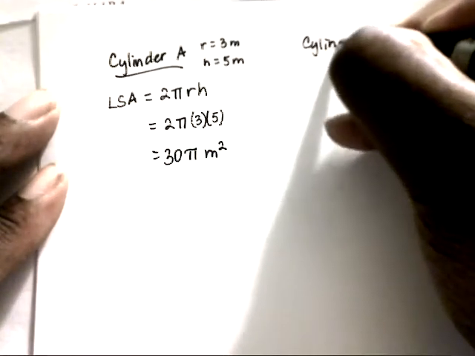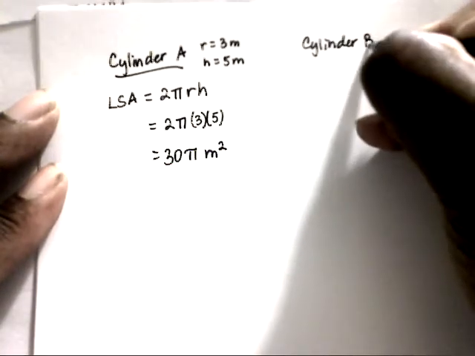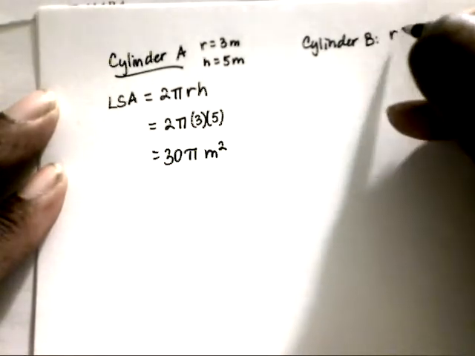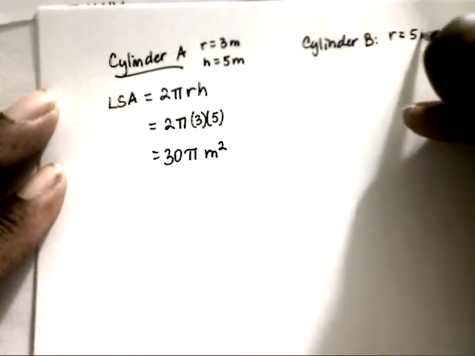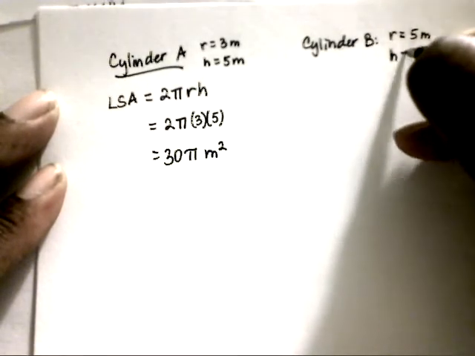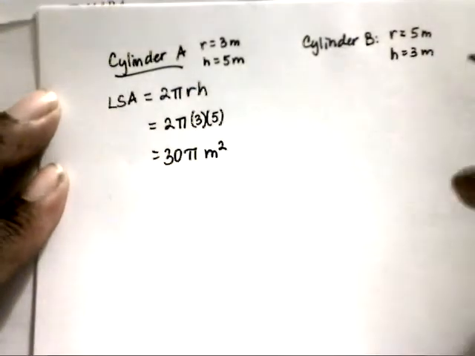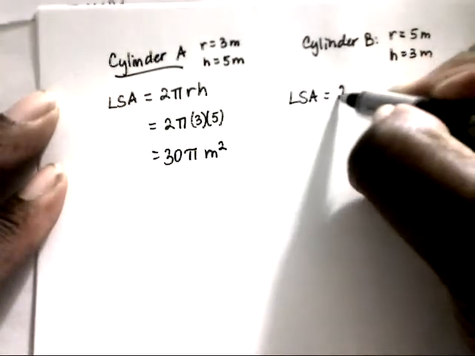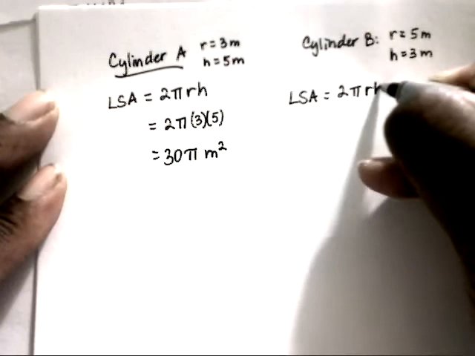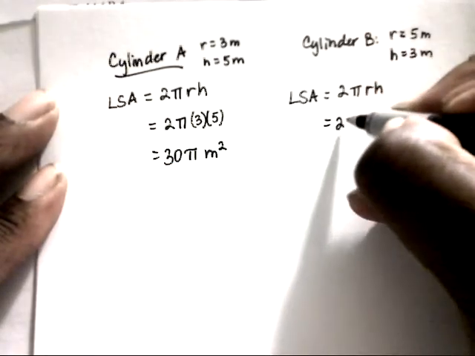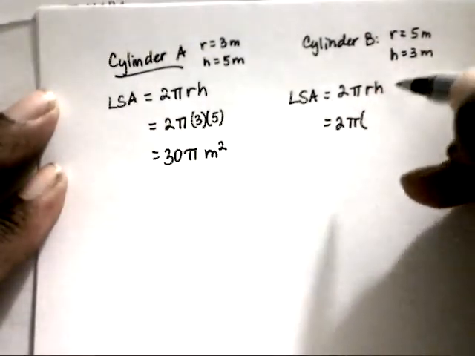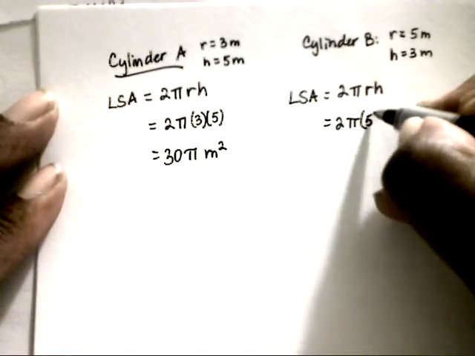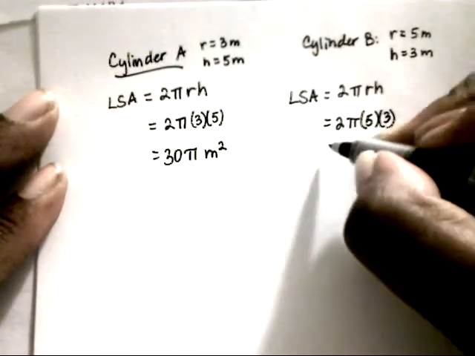Now cylinder B is this. We have the radius of 5 meters and the height of 3 meters. So now your lateral surface area is still 2 pi r times h. So now you have 2 pi times the radius, this time is 5, and the height is 3.